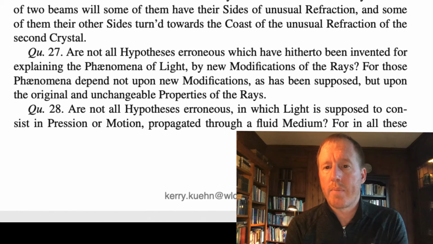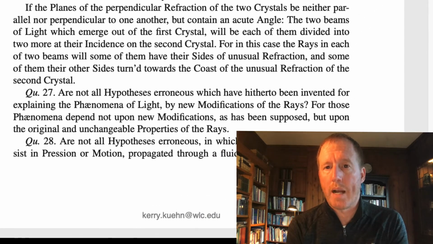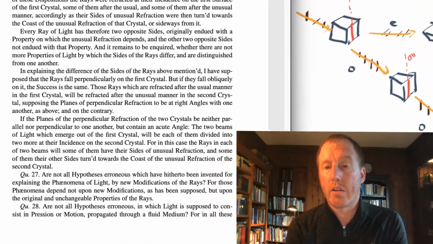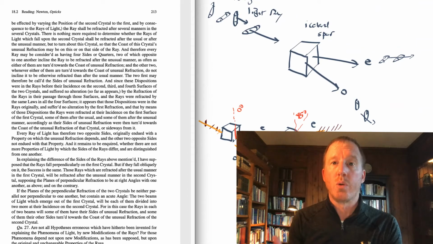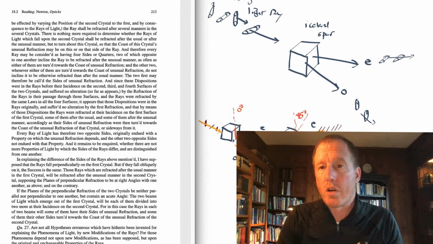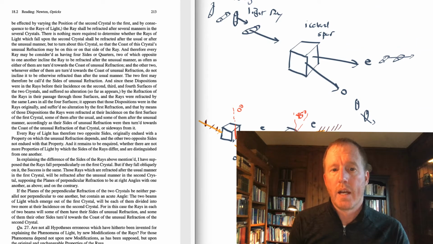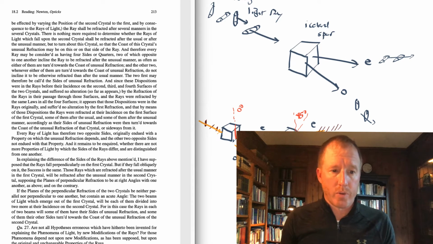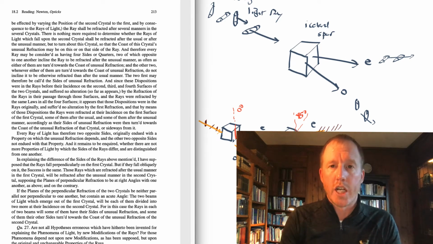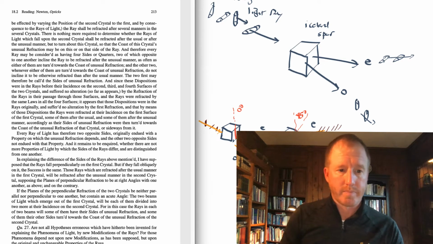He's saying here that other scientists were imagining that when the light hits this Iceland spar or crystal, it acquires some property. There's a new modification or a new property that it acquires as a result of hitting this Iceland spar. And what Newton is emphasizing is it's not some new property. The light itself has a property, this polarity or sidedness, that the Iceland spar simply acts upon in filtering it and breaking it up into two different beams. So it's an old or original and unchangeable property of the rays.